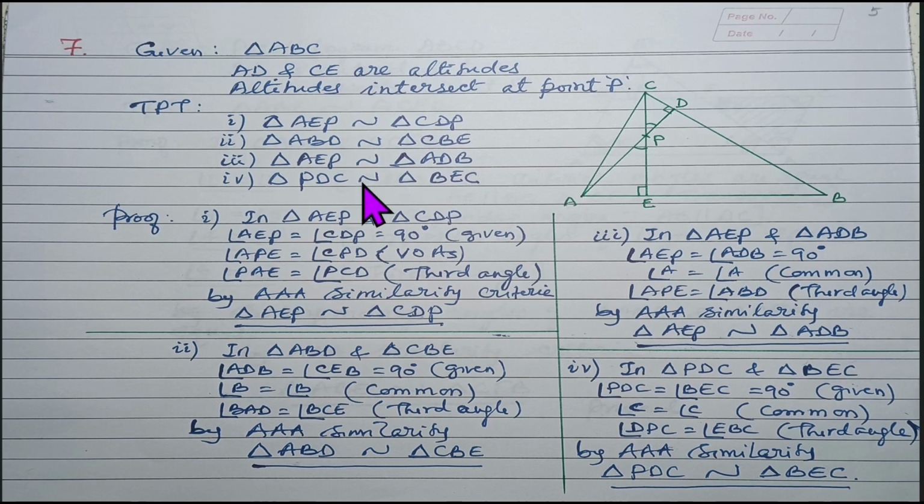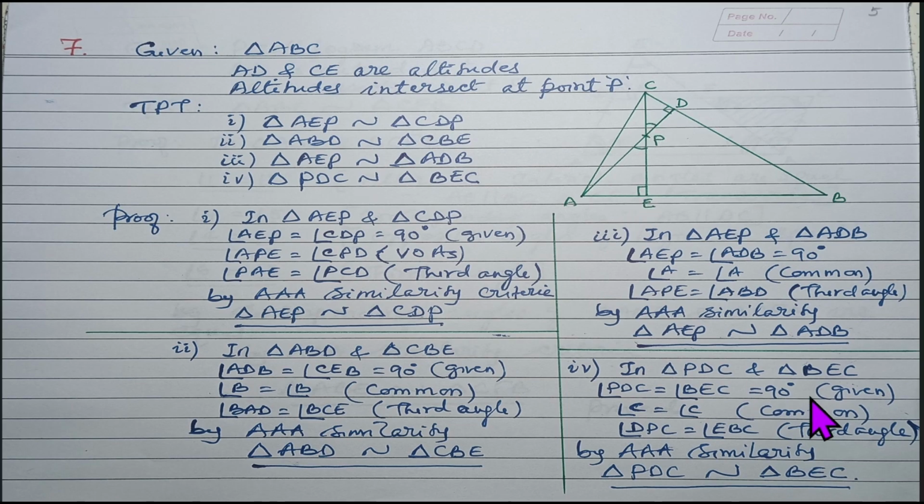Now the fourth one is triangle PDC, the small triangle here, and BEC, the big triangle here. We have to show them to be similar. So let us see how they are similar. In triangle PDC, angle PDC is 90 degrees, and so also angle BEC is 90. So one angle is equal, 90 degrees. Angle C and angle C is common.